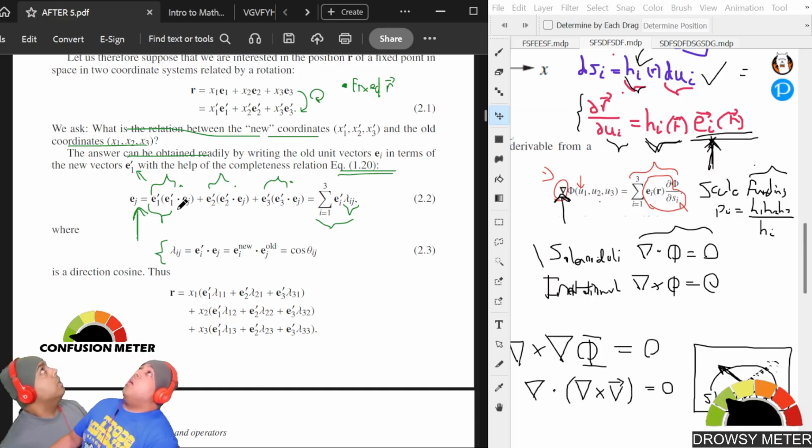Well, yeah, this is just another way to say these things. e'_i new dot e_j old equals cos theta_ij. The dot product is ab cos theta, but since we're dealing with unit vectors, the magnitude is 1, so it's just cos theta_ij.